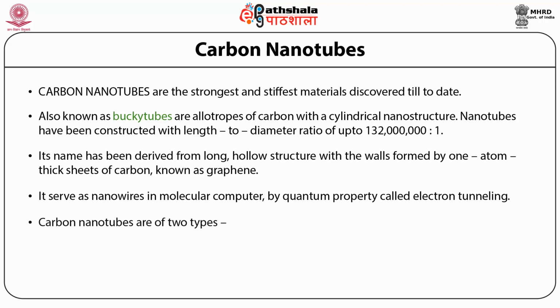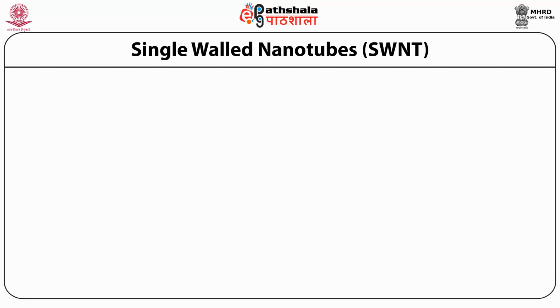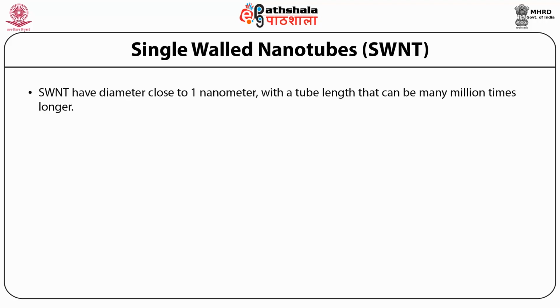The carbon nanotubes are of two types, single walled nanotubes and the multi-walled nanotubes. So coming to the single walled nanotubes, the single walled nanotube has a diameter close to 1 nanometer with a tube length that can be many millions of times longer.